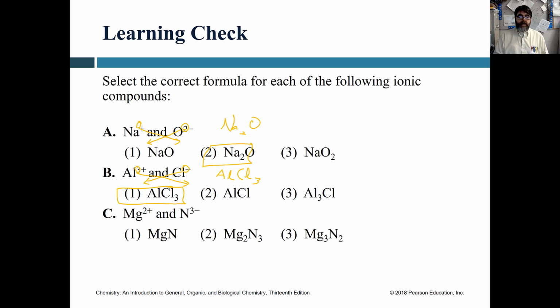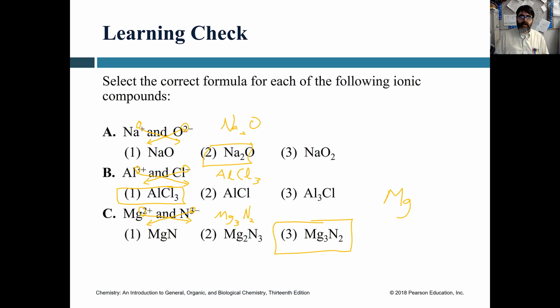And then here we bring the 2 down here, and we bring the 3 down here, and we're going to end up with Mg3N2, and that is this one here. I'm using the crisscross thing, and again, just to be clear, it's a shortcut for figuring out how many of each of these you need.